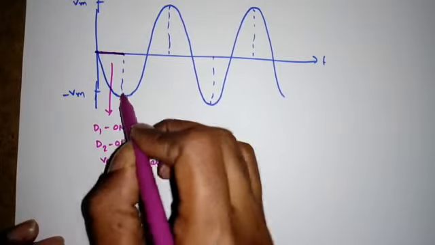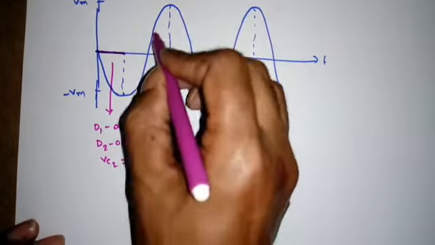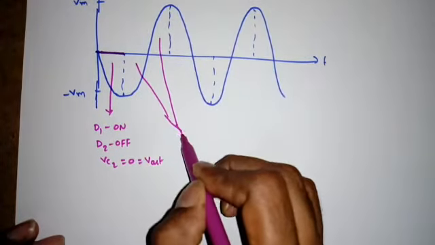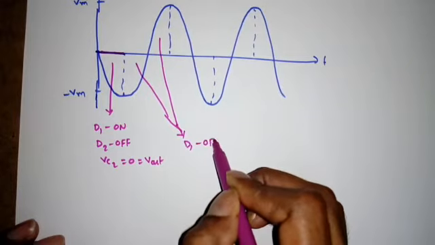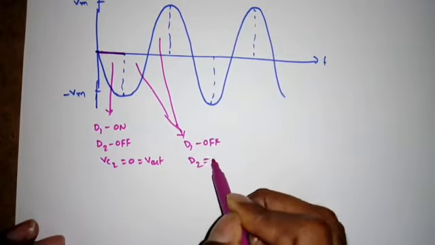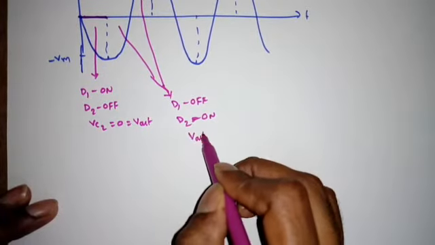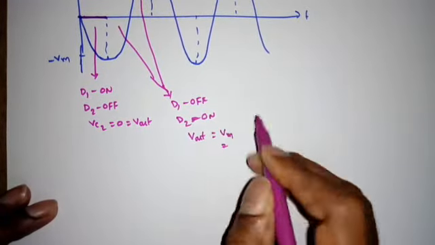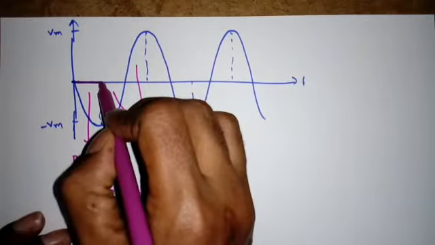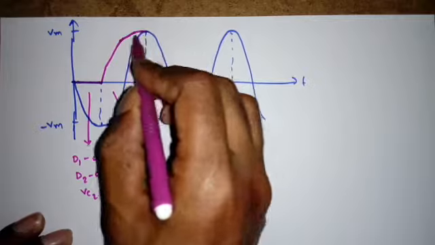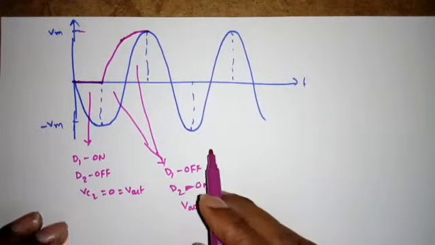Now as the input is changing from minus Vm to plus Vm, from this condition, D1 is off, D2 is on, and V out is Vm only. So the capacitor is charging, and it will reach Vm, right?